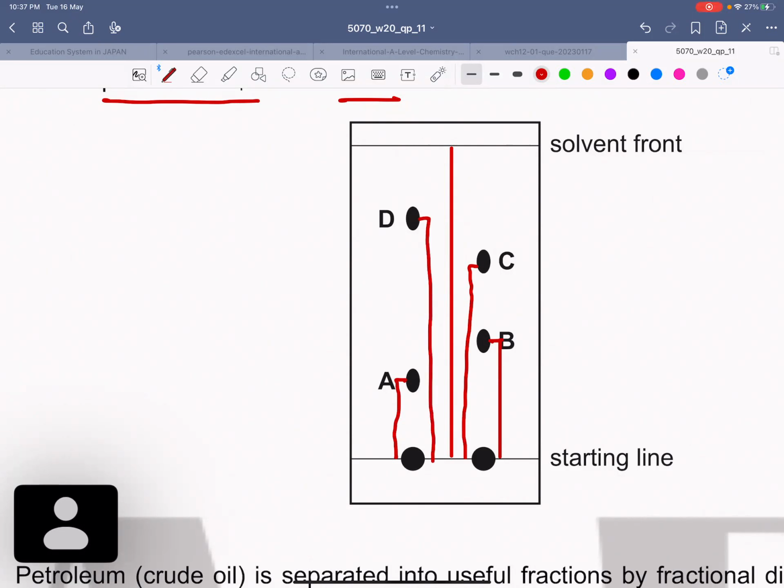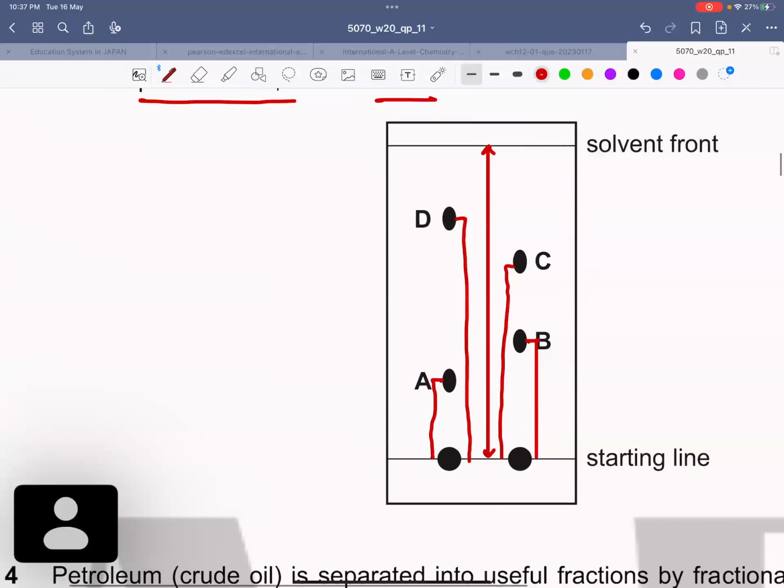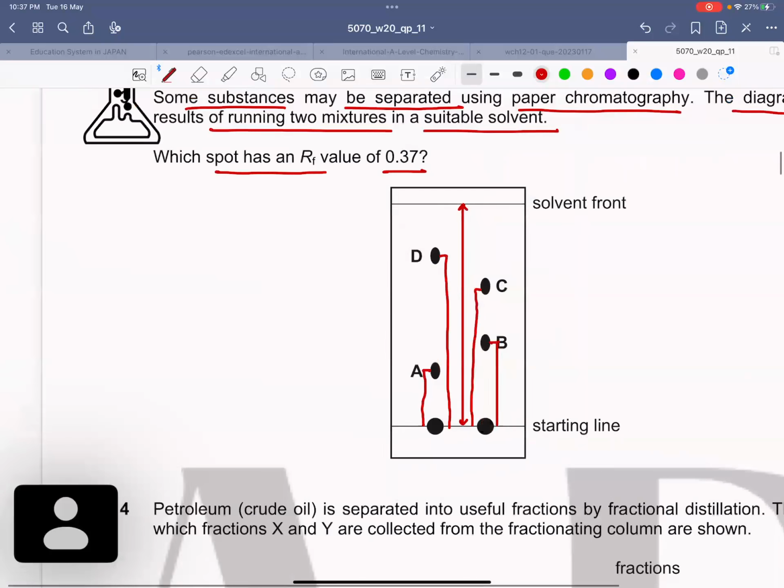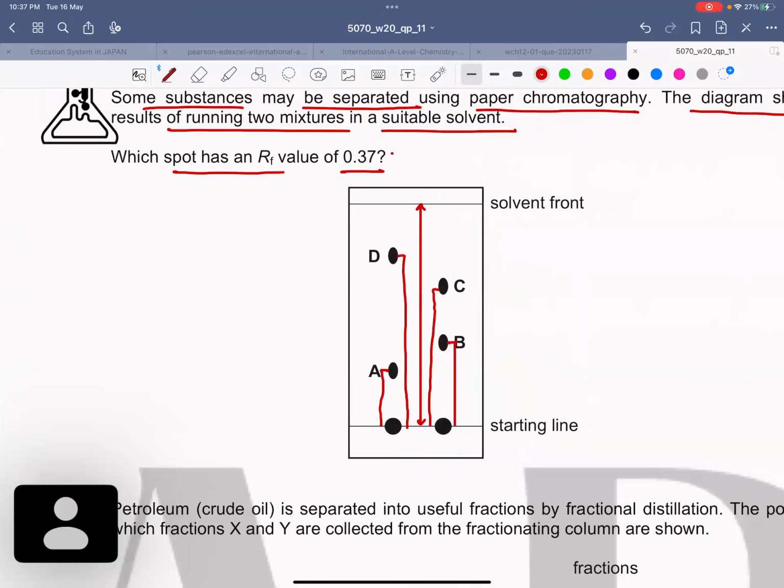Then you divide the distance traveled by the spot by the total distance, and it will help you identify which would be the correct answer and which would have a 0.37 value.